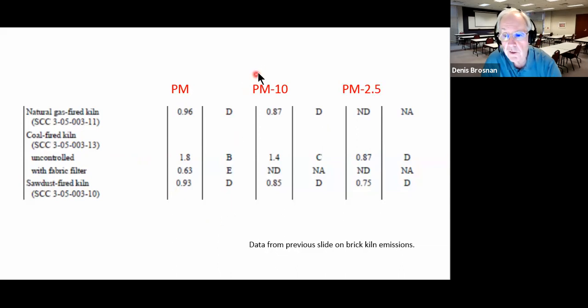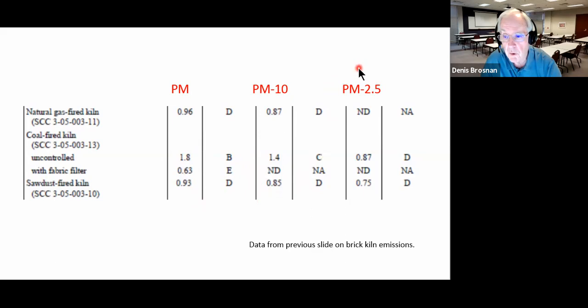Now, PM10 means particulate matter less than 10 microns in diameter. So you can see that a large portion of these total particulate matters are finer particulates, PM10, that can be in a respirable size range.